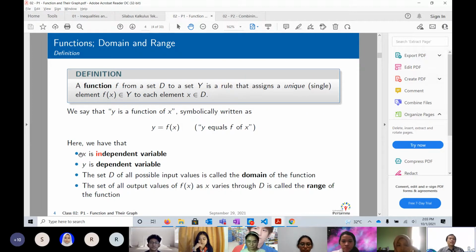In this case, x is called the independent variable because even though x is a variable, we can change its value, and it doesn't depend on any other values. So we can vary the value of x, but y is called the dependent variable because the value of y is dependent on the value of x. So whenever we change the value of x, the value of y will follow.